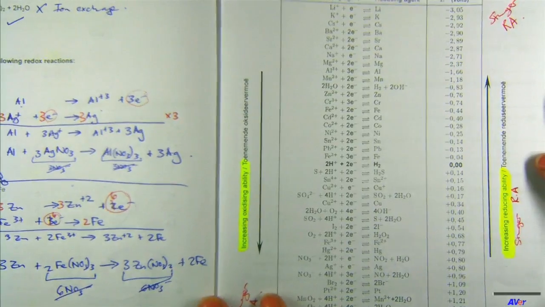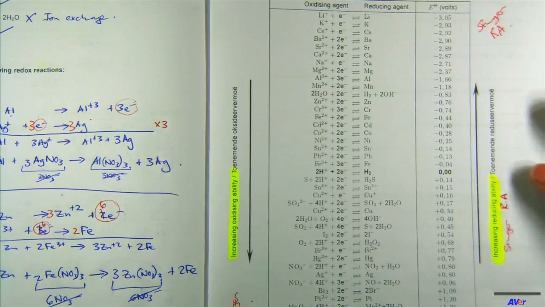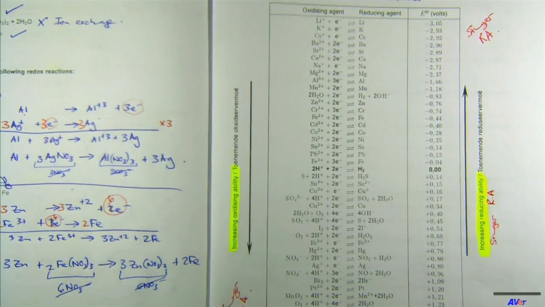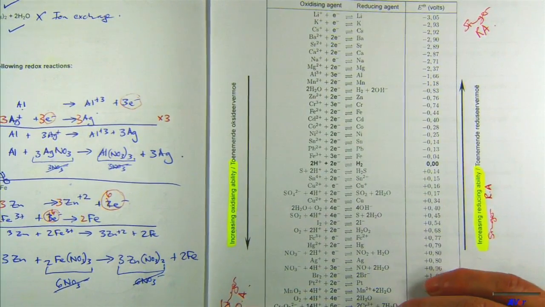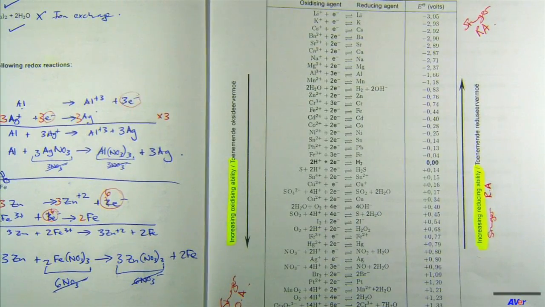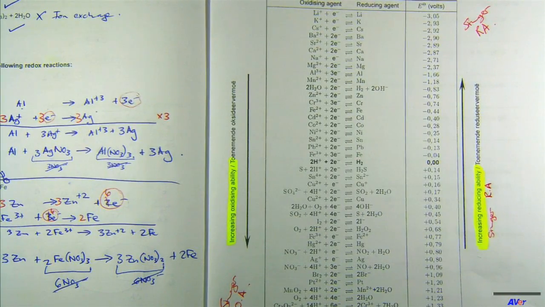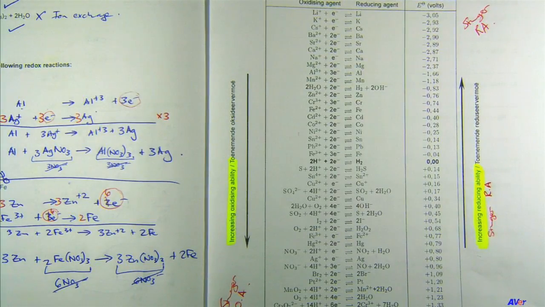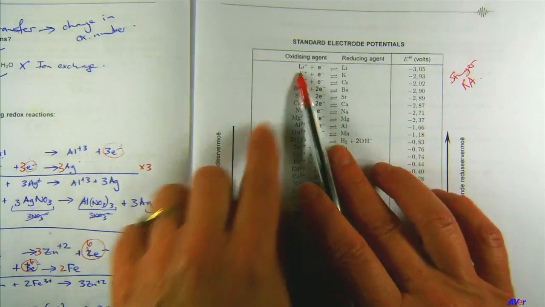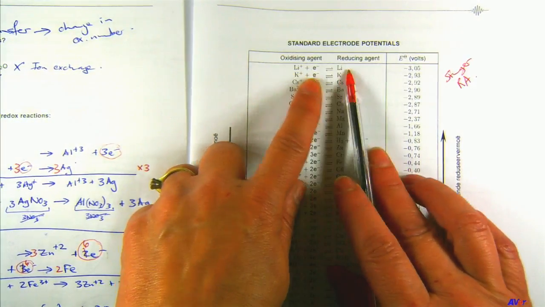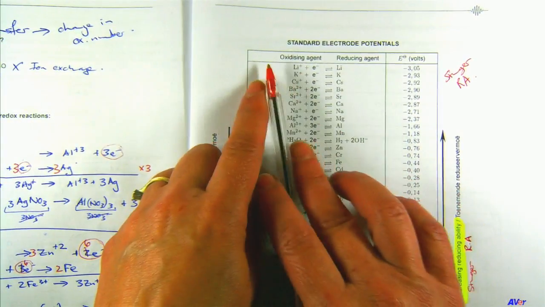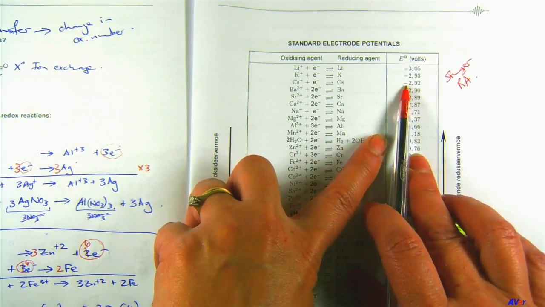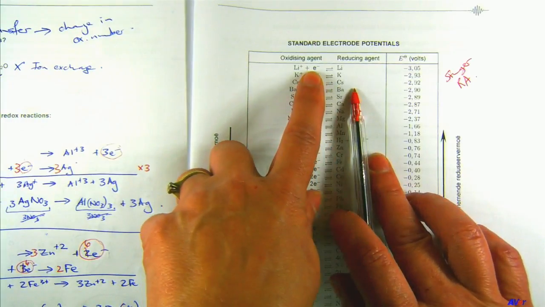Right. So you have the stronger reducing agent at the top, and the stronger oxidizing agent there at the bottom. So this table is going to tell me who's fighting harder. It is written in the way that from left to right, is it a reduction or an oxidation? Left to right is gaining electrons.